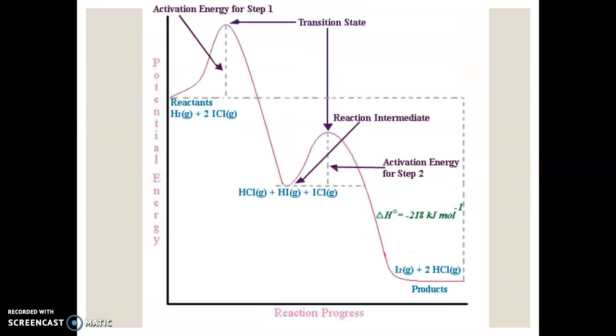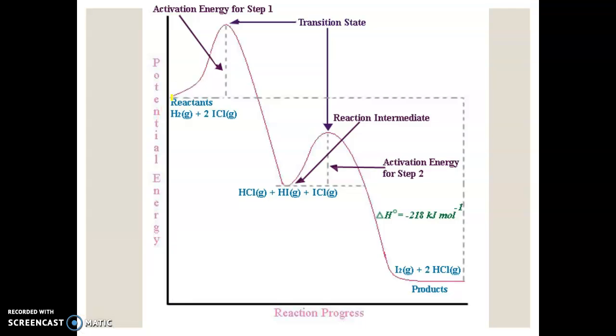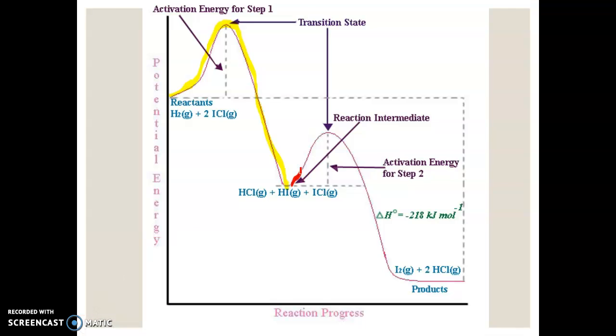So here is a reaction mechanism, and we're going to label some different parts on this diagram. To start with, we can see that there are two distinct hills or humps, whatever you want to call them. The yellow here is for step 1, and then let's try to do red.